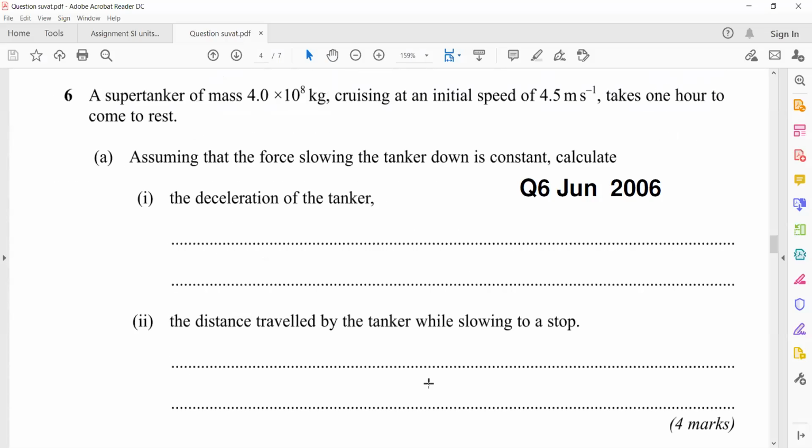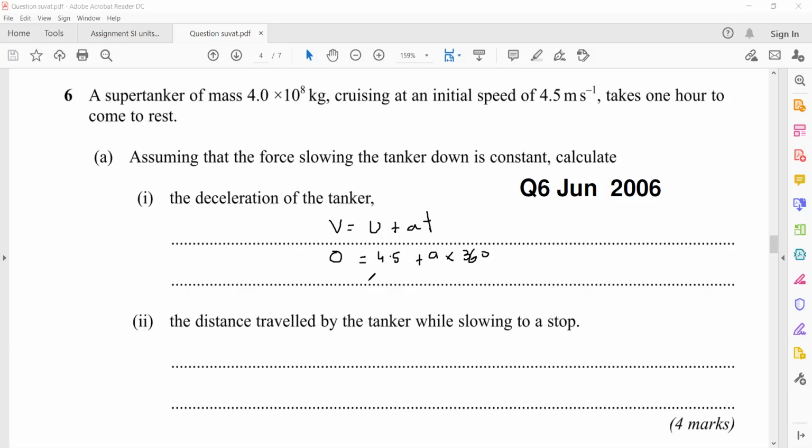So in this equation, I can use v equals u plus at. So I have the final speed 0, initial speed was 4.5, acceleration we don't know, and the time is 3600.